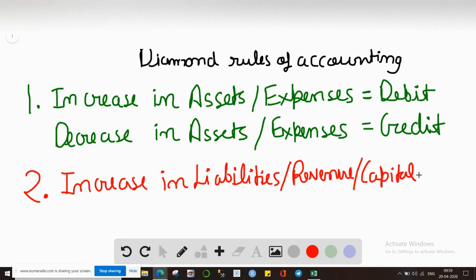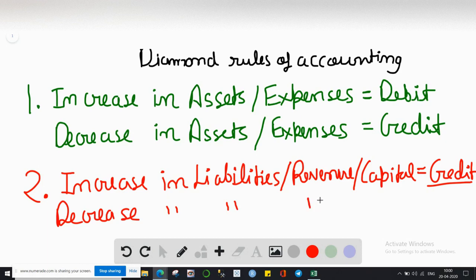So this is credit, and a decrease in liabilities, revenue, capital will be a debit.